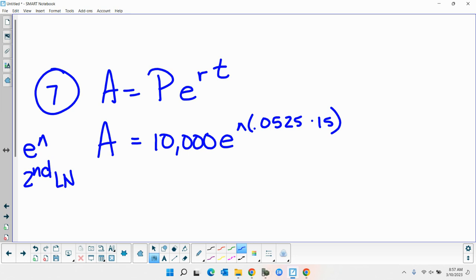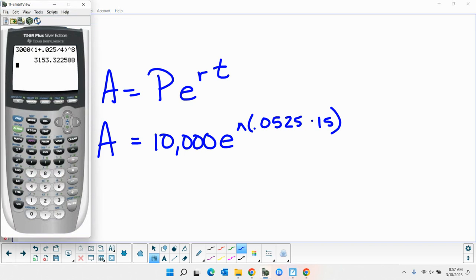All right. So I'll go to my calculator, 10,000. Oh, I don't need that. I'm going to E. Second natural log. Yeah, it gives me that parenthesis there. So 0.0525 times 15, then close it off. All right.